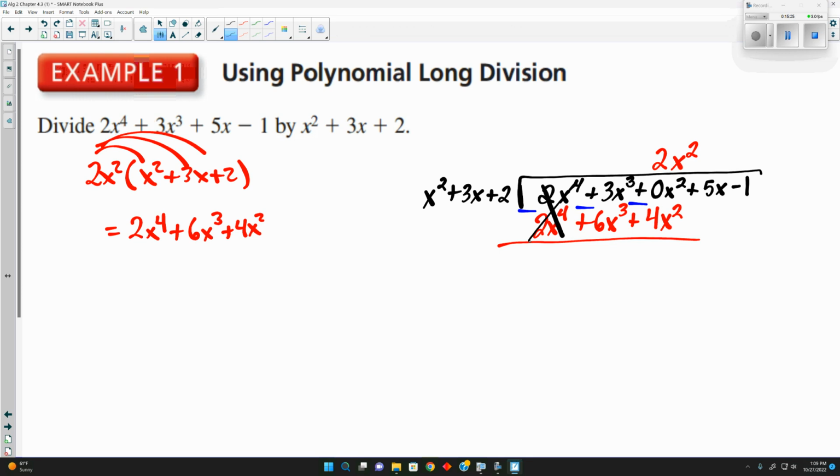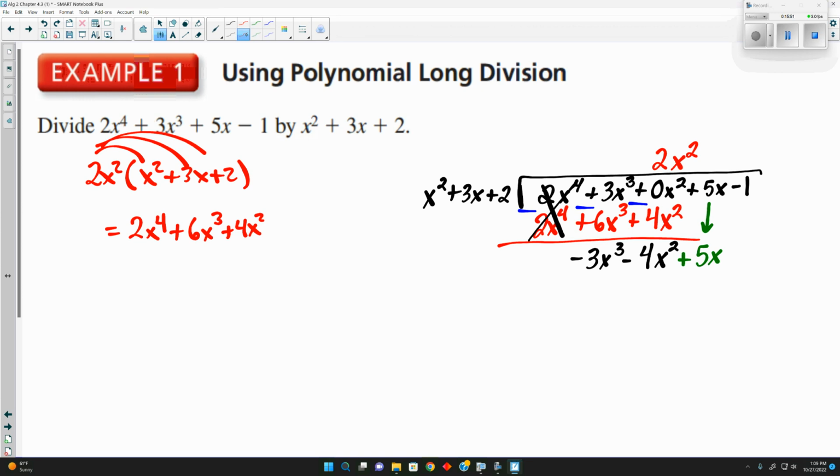Well, 3 minus 6 is negative 3x cubed. The next one we have is 0x squared minus 4x squared. 0 minus 4, negative 4x squared. We bring down the plus 5x.